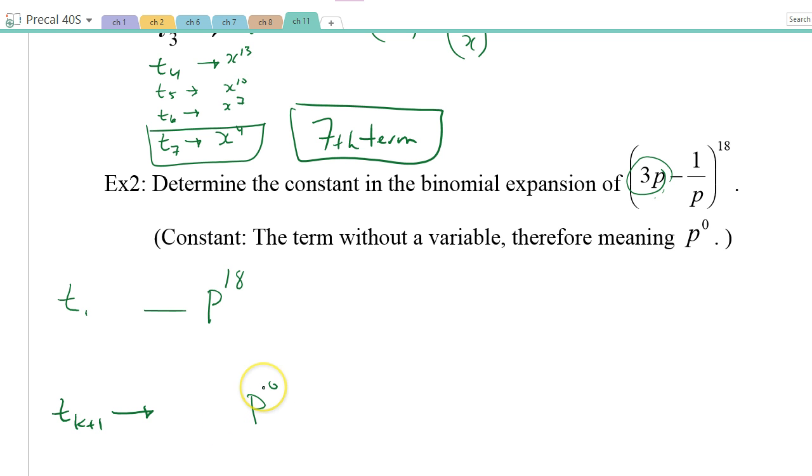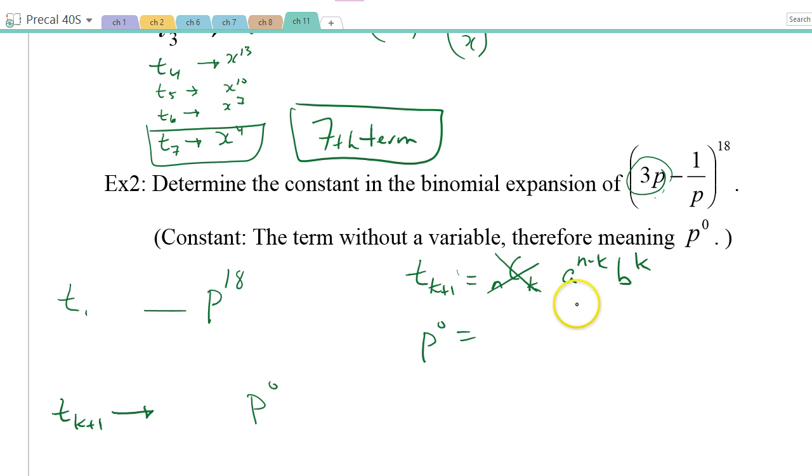So we're going to again say, okay, if t to the power of k plus 1 is equal to, I'll write this nCk, even though we're not going to be using it, times a to the power of n minus k and b to the power of k, we're wondering at what point are we going to get a p of 0. So we want to know this term here is going to be p to the power of 0.